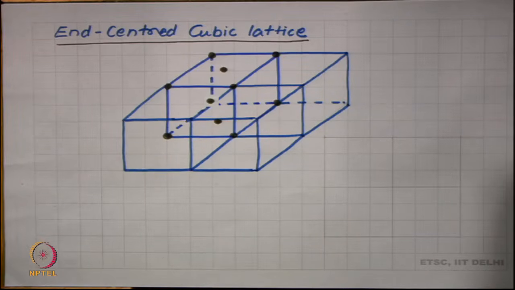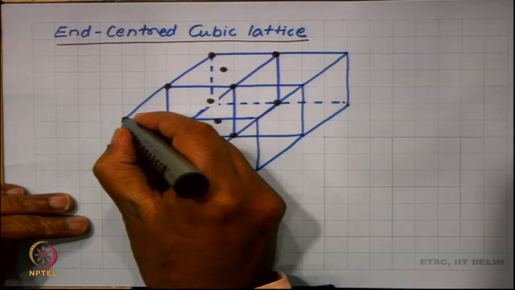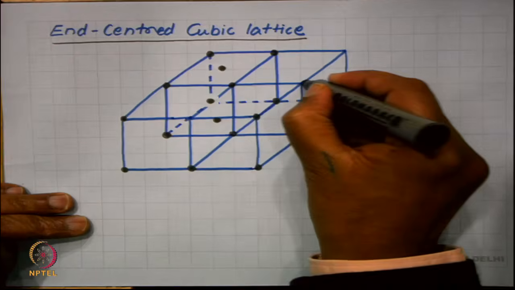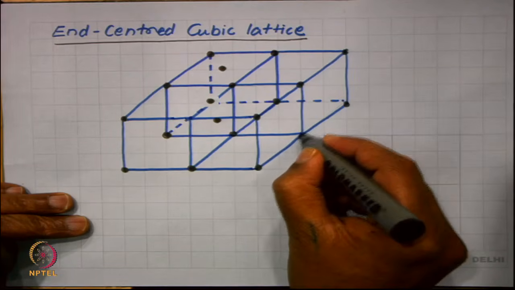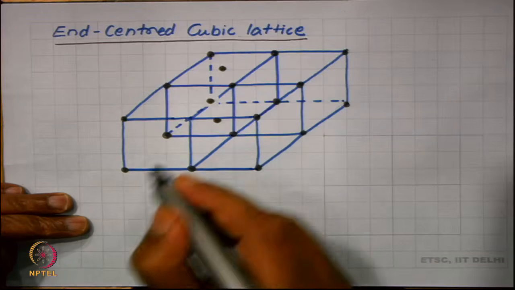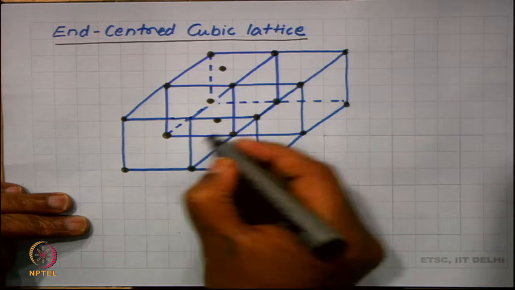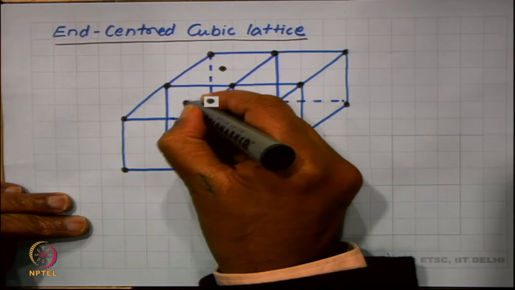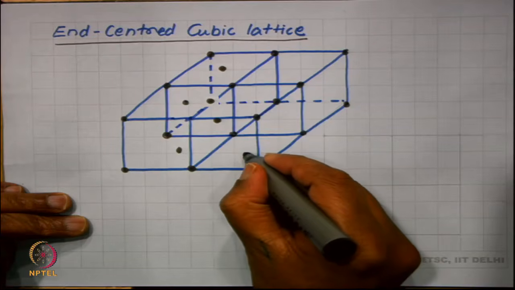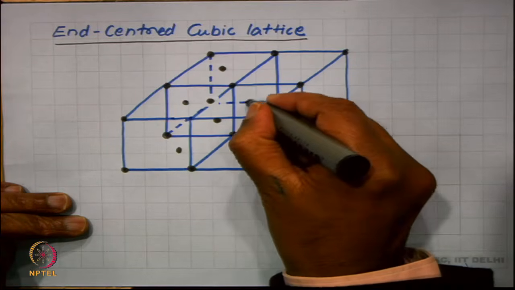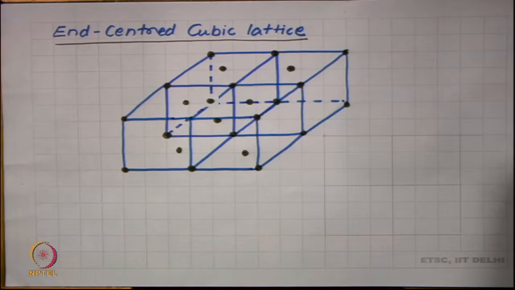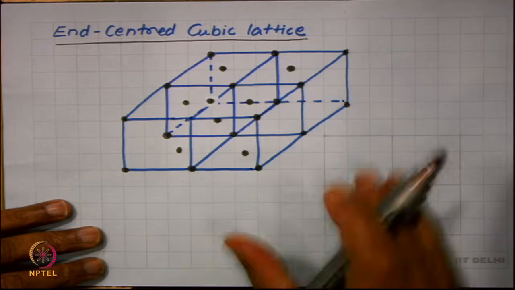And if I add the points where they are expected to be, that is the corners and the top and bottom faces, the diagram is getting a little complicated, but you can imagine what we have drawn.